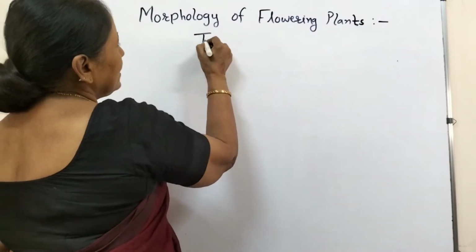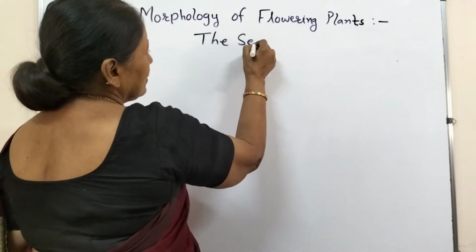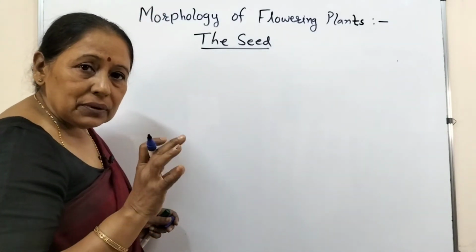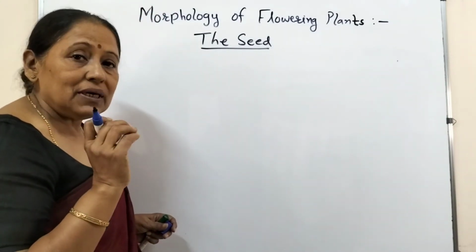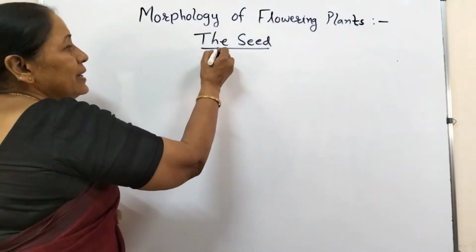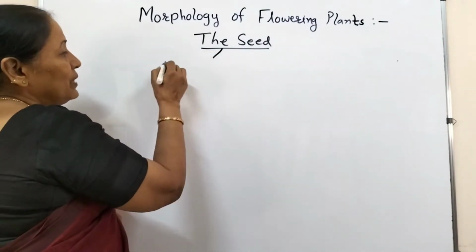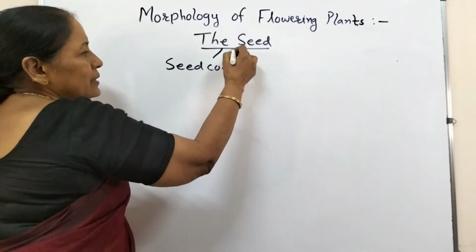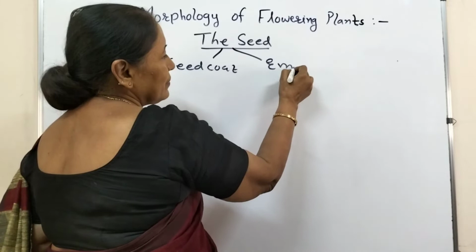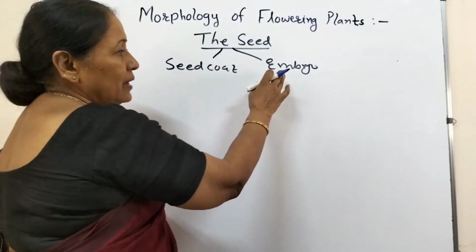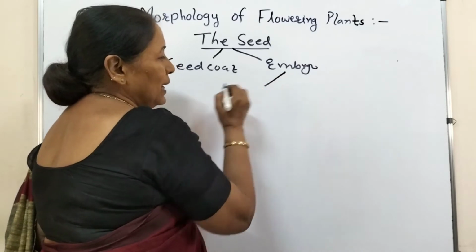Now let us study the seed. You already know that seed develops from the ovule after fertilization. And this seed has two parts. One is the seed coat and the other is the embryo. The seed coat is protective, and the embryo has two parts.